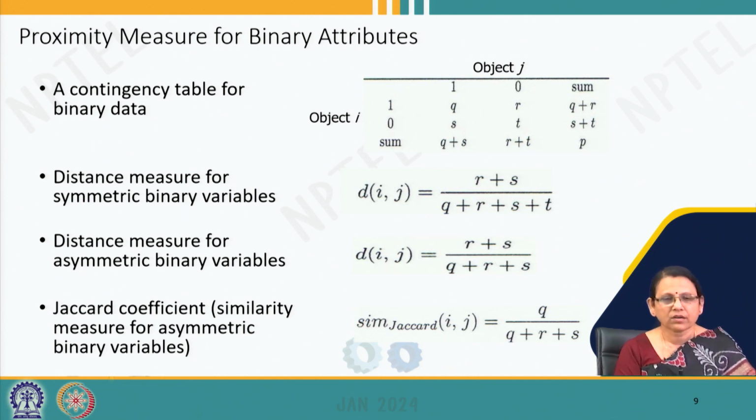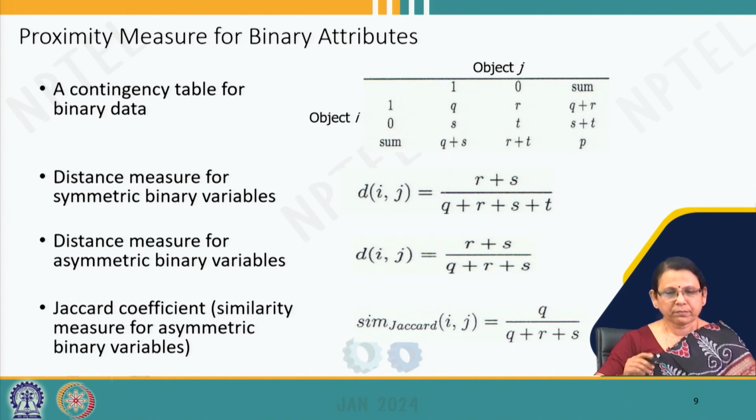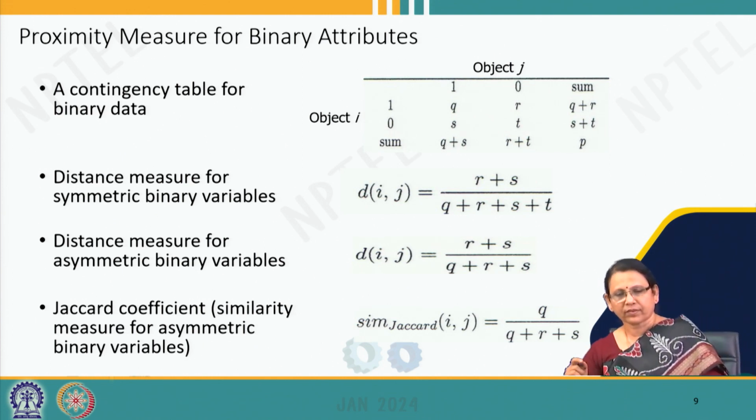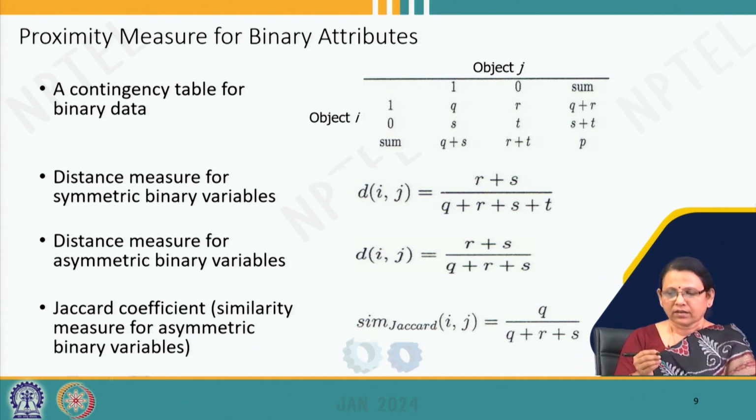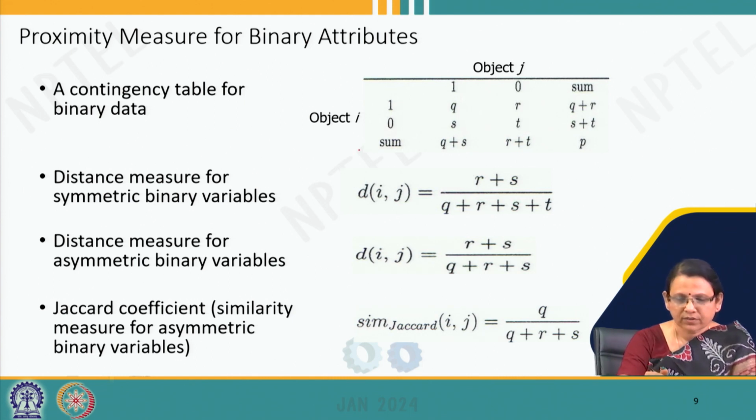Okay. So, under such situations, whether it is symmetric or asymmetric, the first task is to make something called a contingency table for the binary data. When we make this contingency table, we consider 2 objects, object 1 and object 2.